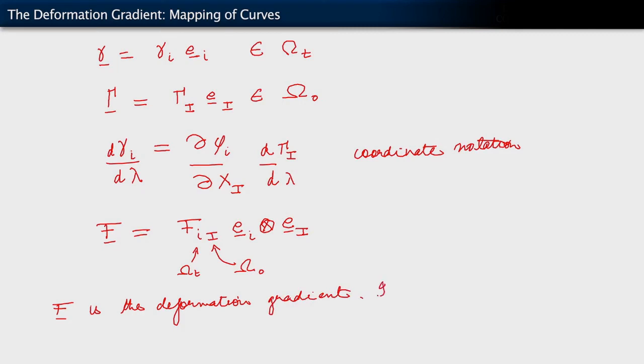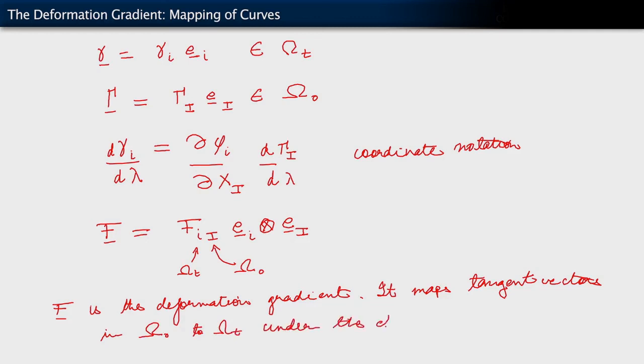It maps tangent vectors in omega naught to omega t, importantly under the deformation phi.